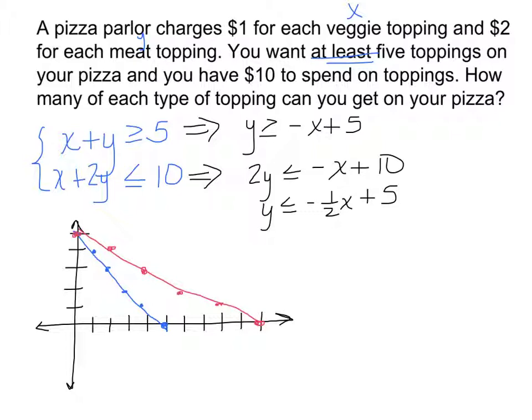And that means that the region will be in between here. So anything here would work. And notice I didn't do everything since we're talking about pizza toppings and money, I'm not going past 0. So anything in this region would be a solution.